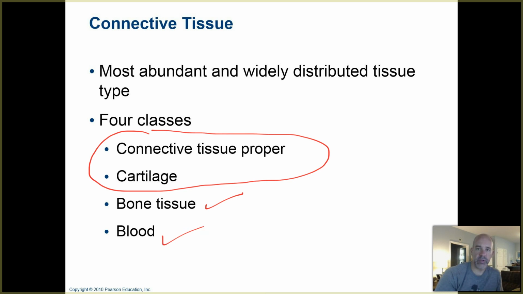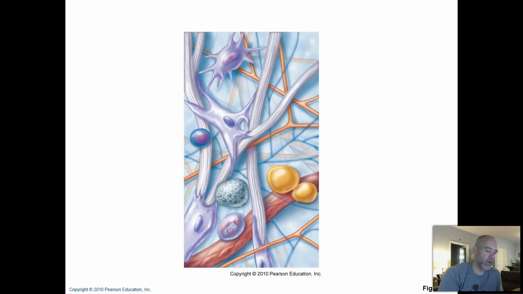And then blood is also a type of connective tissue. Believe it or not, your blood, even though it has a liquid consistency, is considered to be a type of tissue. So just by seeing bone versus blood on there, that should make it clear to you that these connective tissues are very diverse.